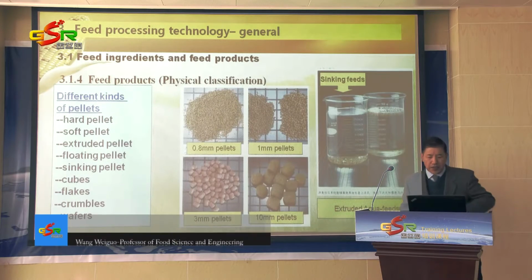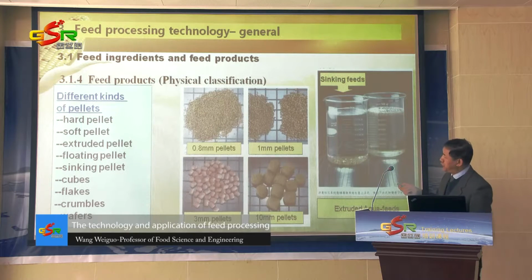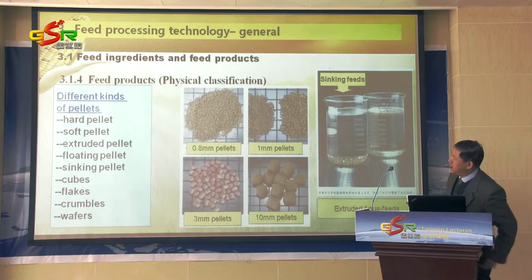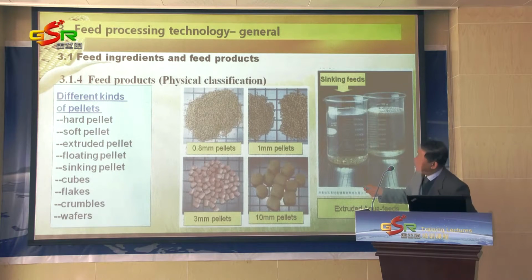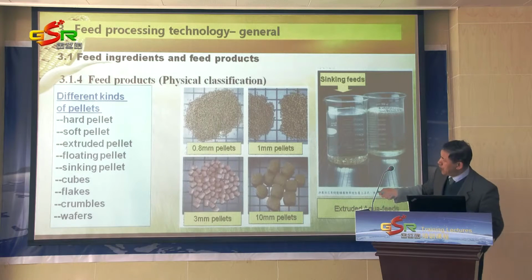And for feed products, we can also classify them by their physical state. We can classify feed products into mash feed and pelleted feed, the two kinds. For pelleted feeds, you can see hard pellets and soft pellets. Hard pellets are the more common pellets.